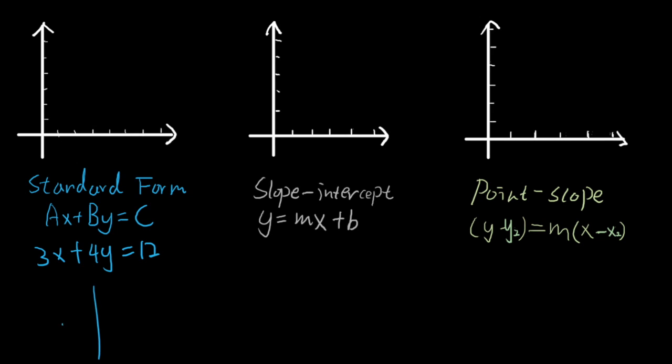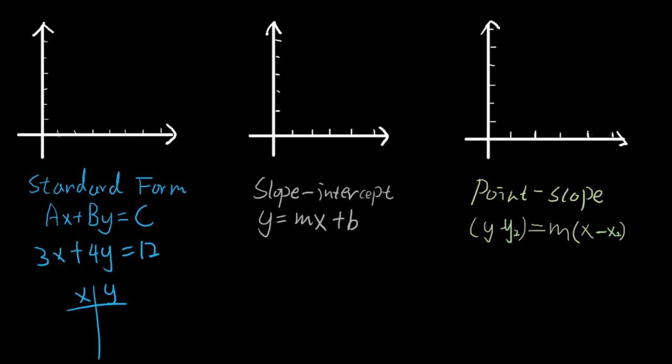And now we need to find the x-intercept and y-intercept. When the line touches the x-axis, the value of y is equal to 0. So for our example, y is gonna be 0.